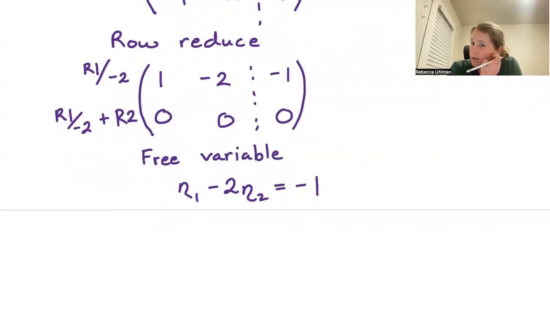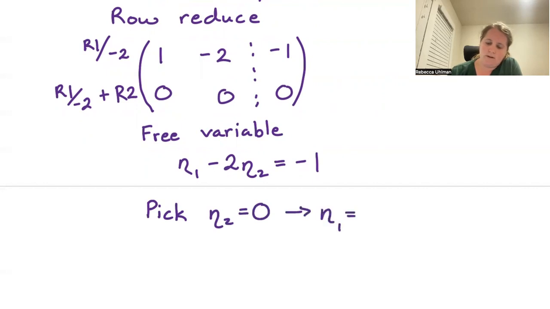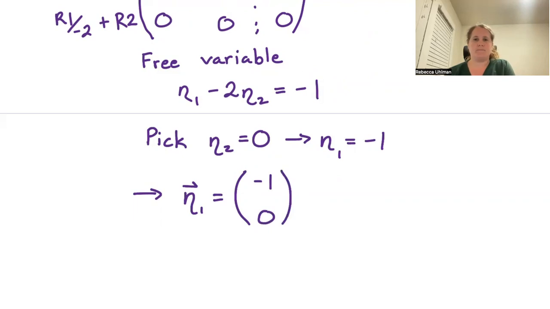At this point, because we have a non-zero number on the right, you are welcome to pick either eta 1 or eta 2 to be equal to 0. So let's go ahead and pick eta 2 equal to 0. Then that means that our eta 1 would just be -1. And so what we get then is our vector eta 1 is simply -1, 0.